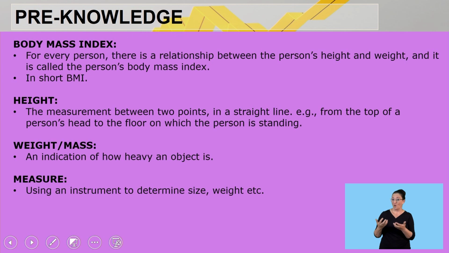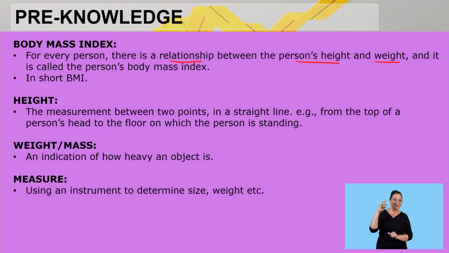Now just a bit more on this topic. For every person, there is a relationship between the person's height and their weight, or mass for that matter, and it is called the person's body mass index. In short, we refer to it as BMI. Height, which we're going to use in our lesson today, is the measurement between 2 points in a straight line.